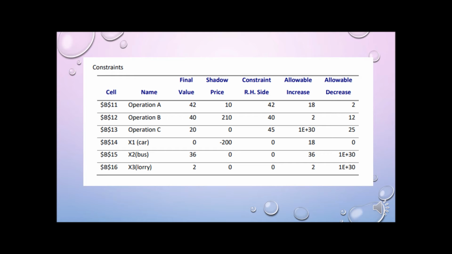Allowable increase is 36, so it can increase 36 units to make profit increase. Next, X3 for lorry. Final value is 2. Allowable increase is 2, so it can increase 2 units to make profit increase.